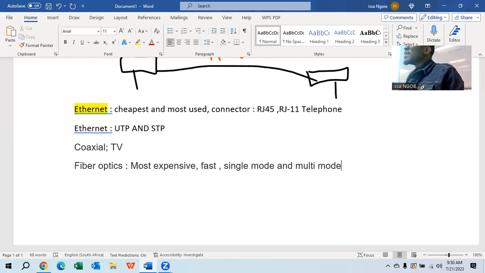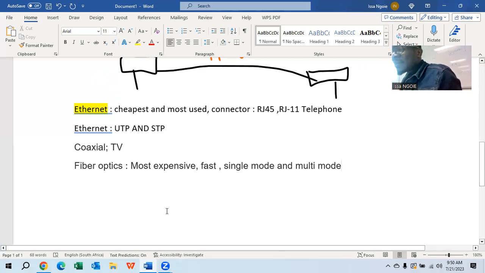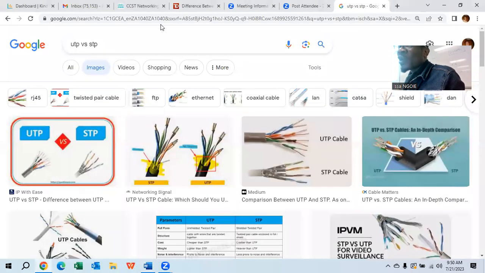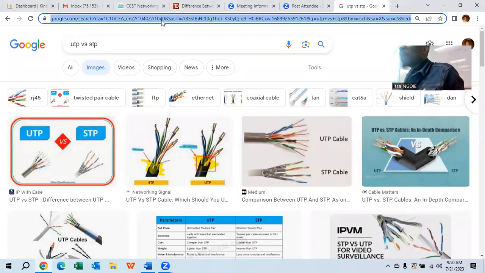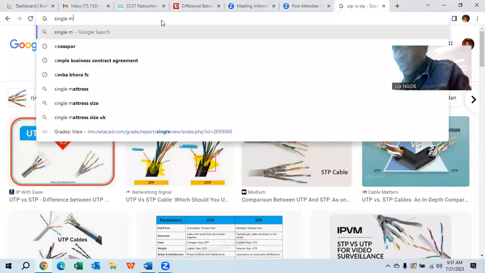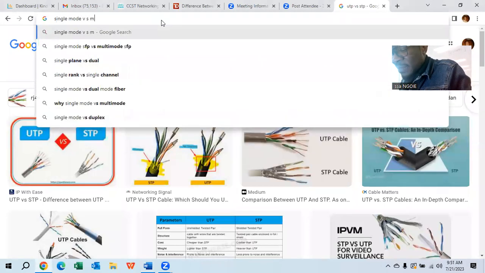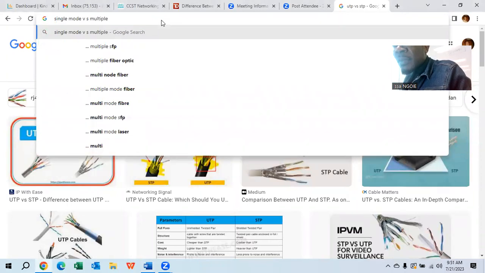Single mode means data will flow using a single light. Multi-mode uses multiple lines. If you want to go further, it's very easy. When you are by yourself, you can just compare single mode versus multi-mode.